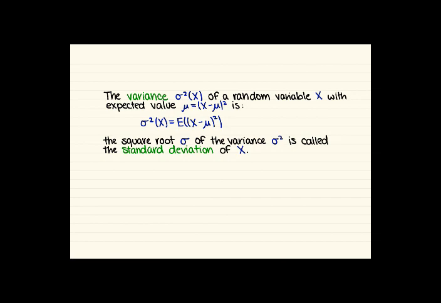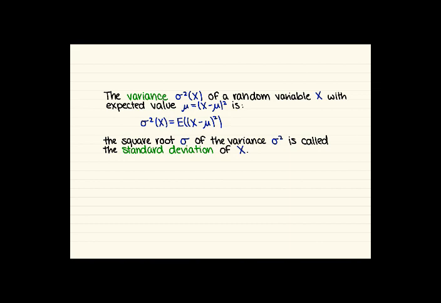A related idea to the expected value is the variance. The variance gives a kind of measure for how far away from the expected value this random variable typically is, so how much it tends to deviate, or how spread out the values for the random variable are.